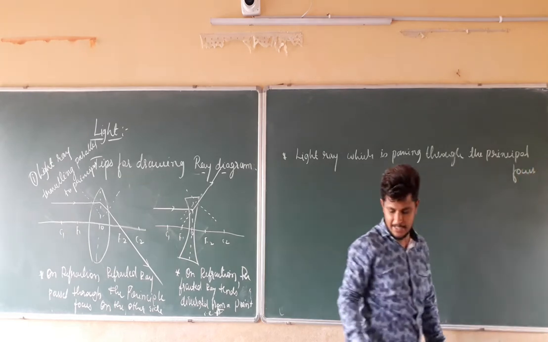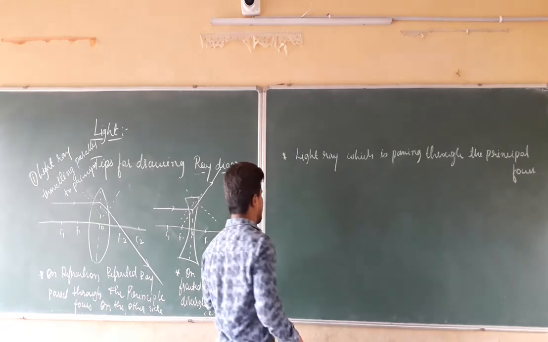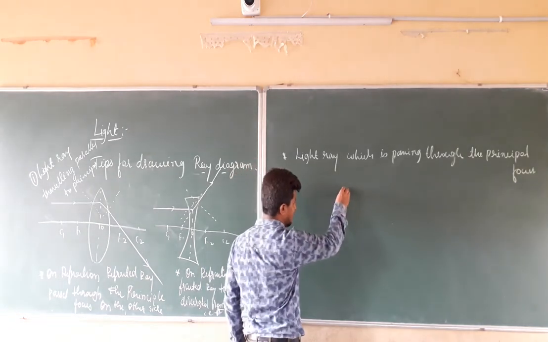What will happen to the light ray when it is passing through the principal focus in case of convex lens as well as in case of concave lens?